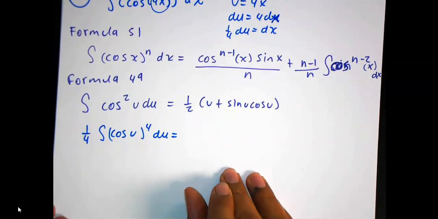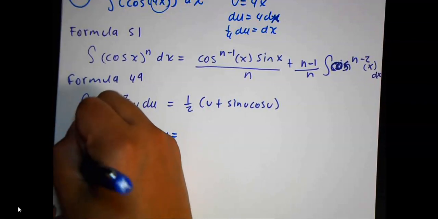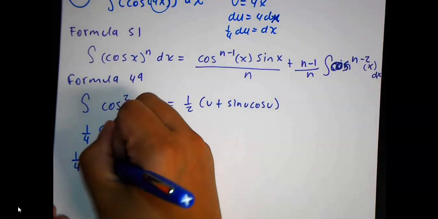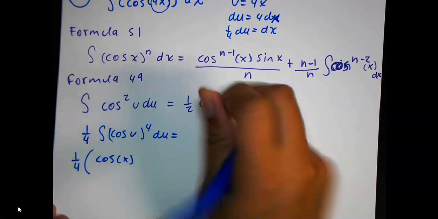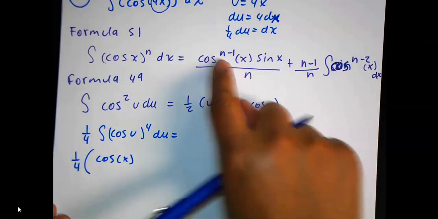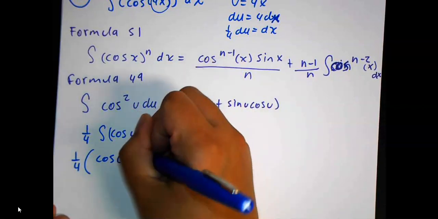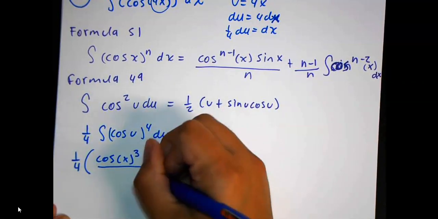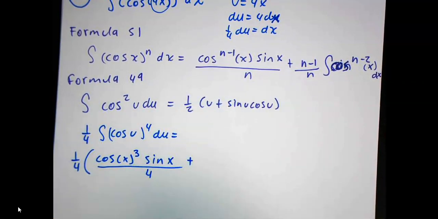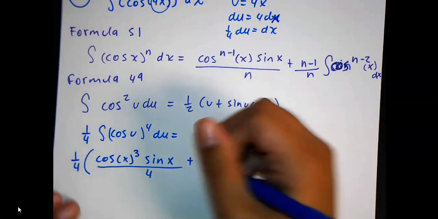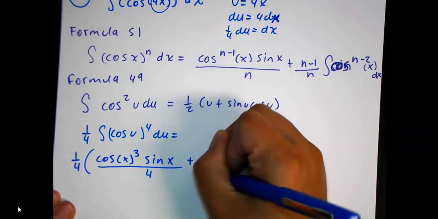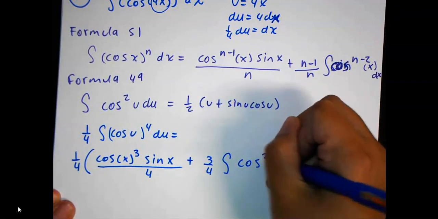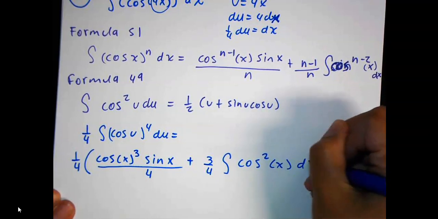So I have the 4th, and then I'm going to use parentheses, then I'm going to have cosine, and then I'm going to have 4, because that's my n, 4 minus 1 is 3, sine of x over 4 plus 3 over 4 integral of cosine squared dx.